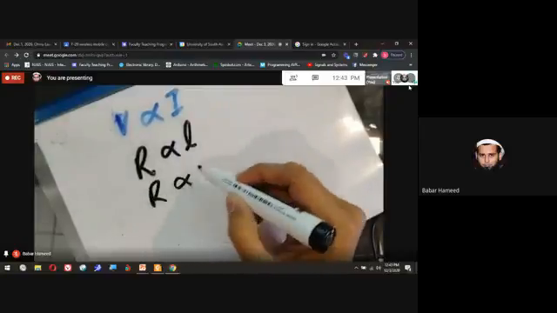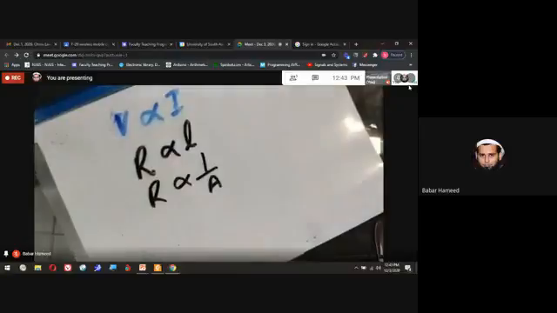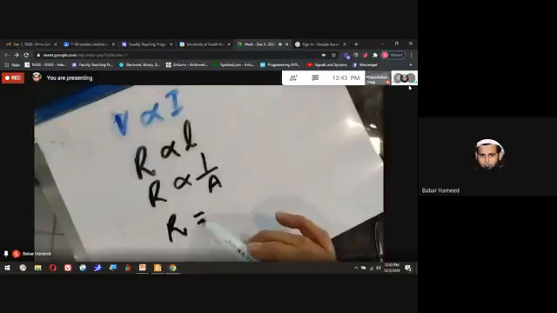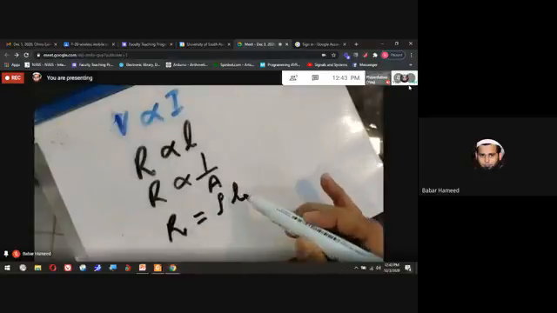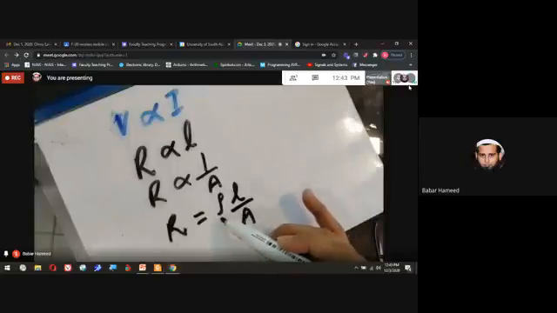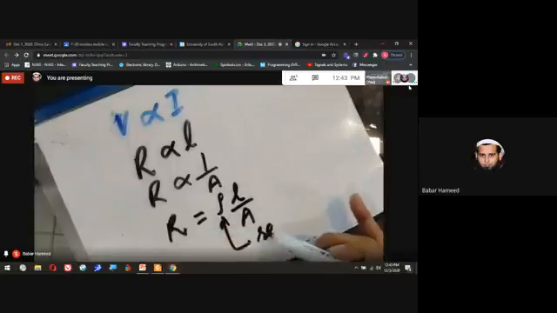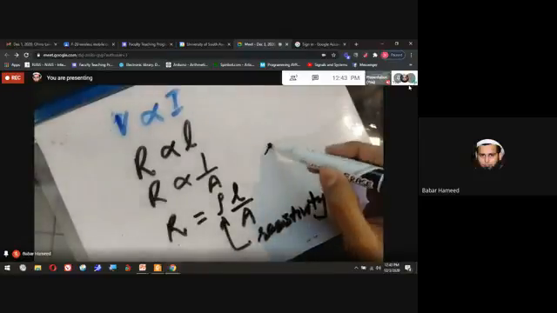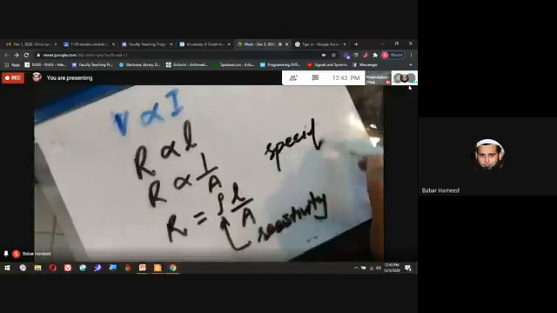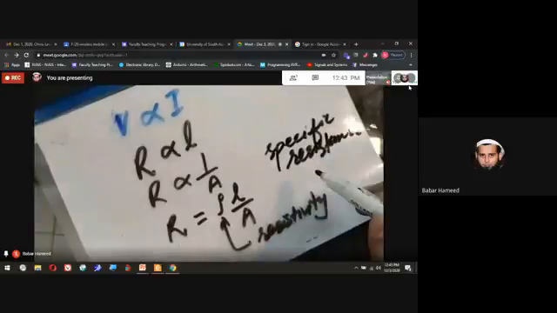Resistance of a material is inversely proportional to its cross-sectional area, and resistance is equal to rho L over A. This rho is basically resistivity, the specific resistance at a particular temperature.